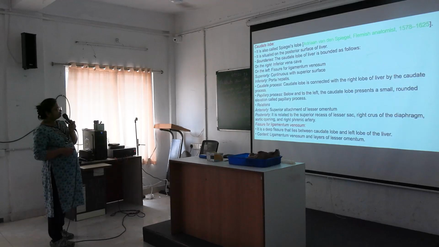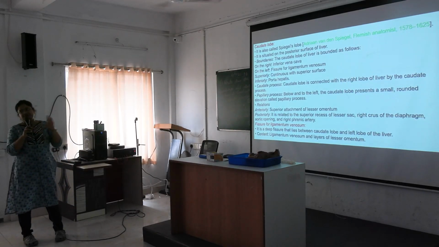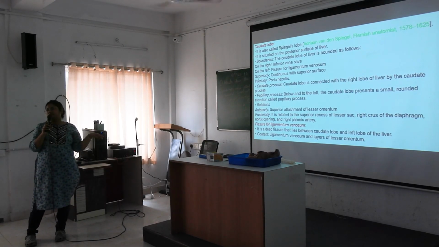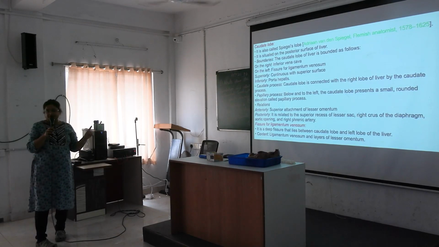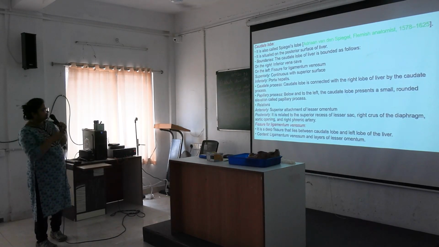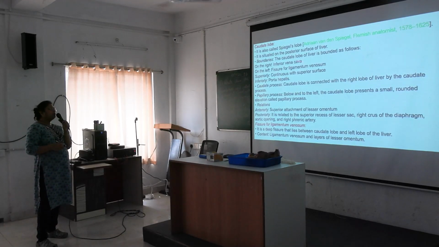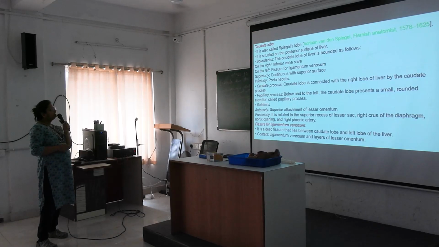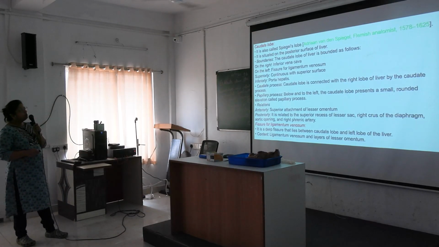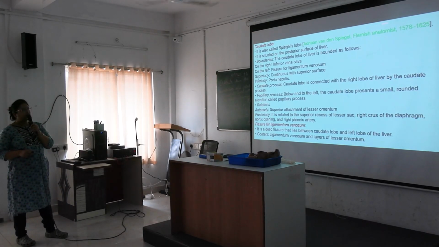Okay, so these lobes are also important. You will be asked the boundaries of these lobes. Caudate lobe, quadrate lobe, they have processes. Caudate lobe also has processes. So caudate lobe is also called Spigelian lobe, named after this anatomist. It is situated on the posterior surface of the liver.